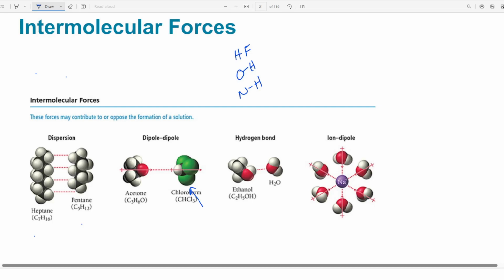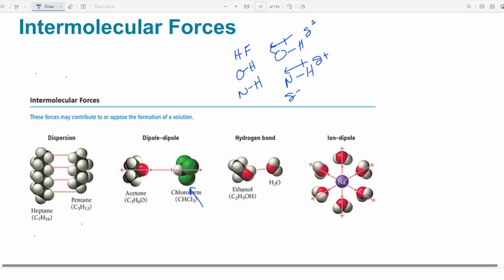This is because the electronegative oxygen or nitrogen is pulling electron density toward itself, okay, and this results in, again, just like we saw with the dipole-dipole interactions, a partial positive end and a partial negative end.